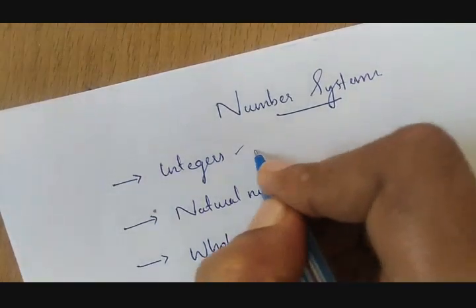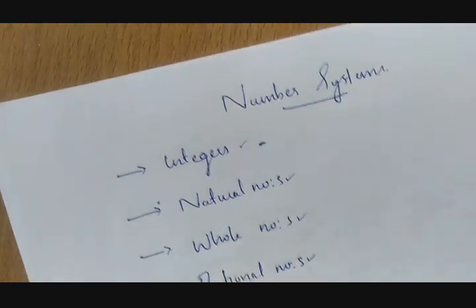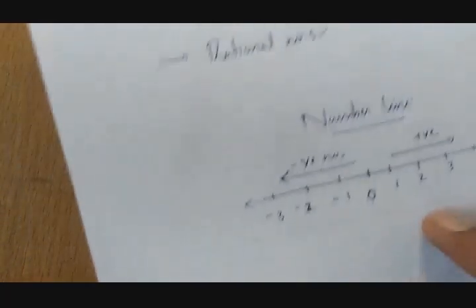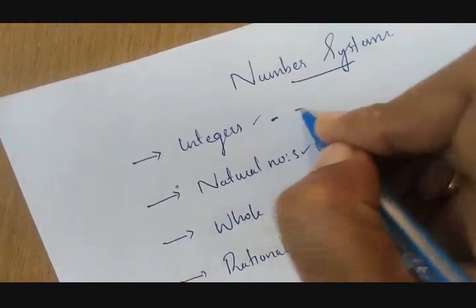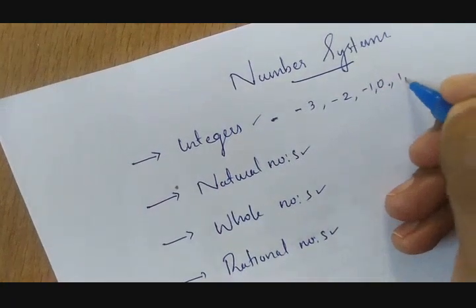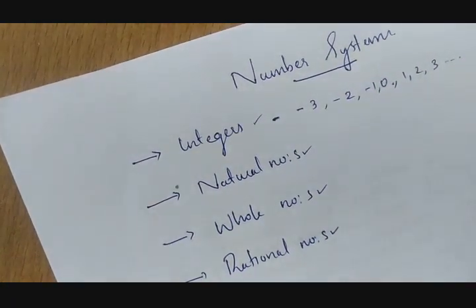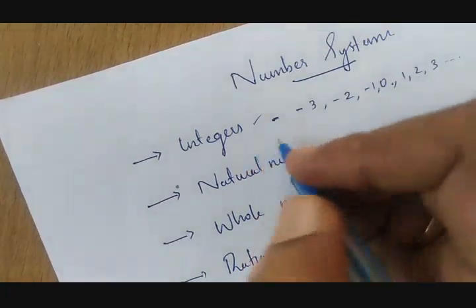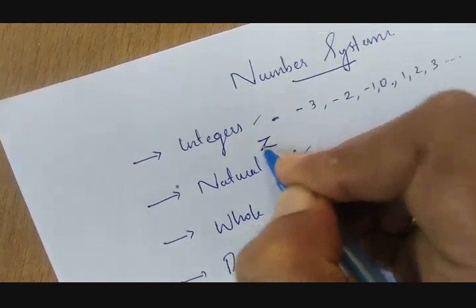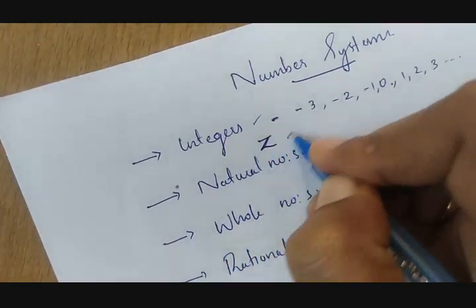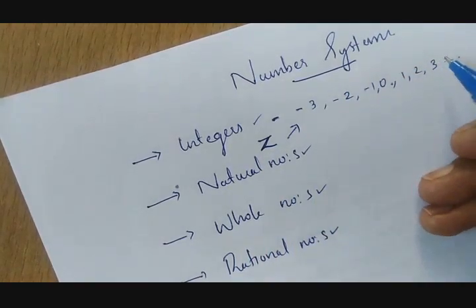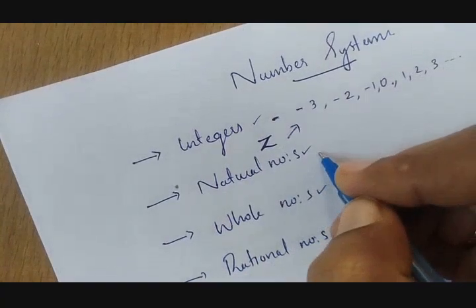Then integers. Integers are numbers which consist of all numbers on the number line: -3, -4, -2, -1, 0, 1, 2, 3, etc. Integers are represented using the variable Z, and Z consists of all negative numbers, 0, then positive numbers.